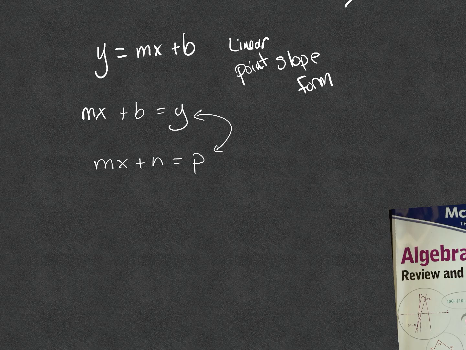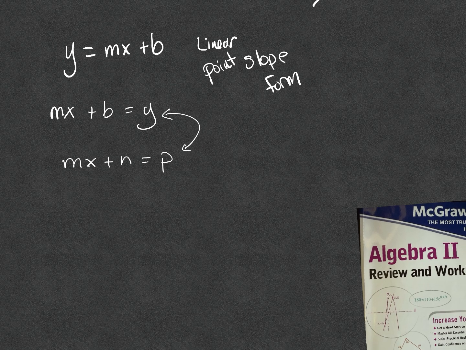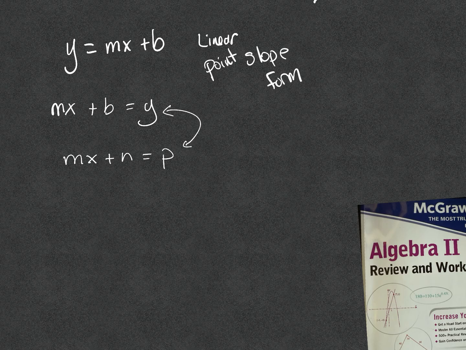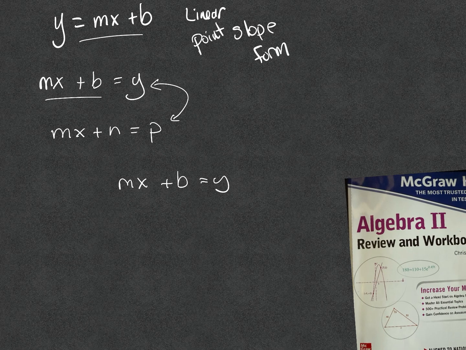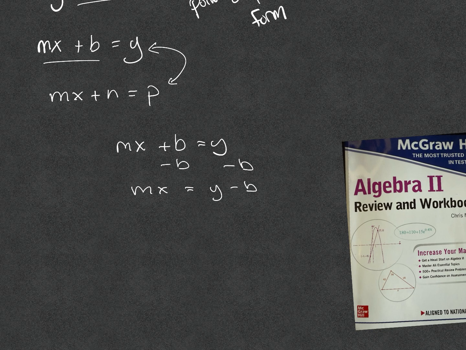equation. If we want to solve for x, we have to rearrange it. Whether you're beginning with this one or this one, you're solving for x. Let me rewrite it over here. We want to subtract b from both sides. We'll write out every step, and divide by m on both sides.